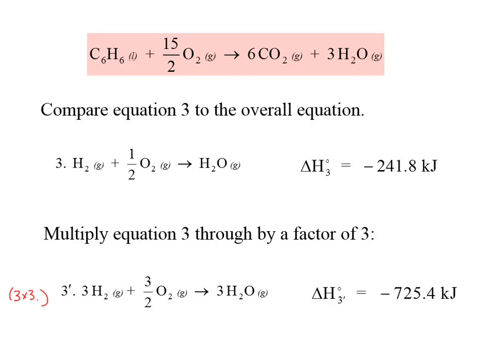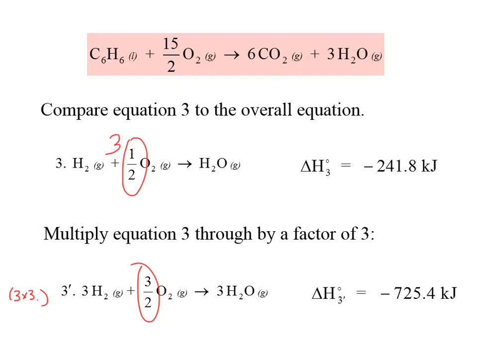So if you take 3 times negative 241.8 kilojoules, you get negative 725.4 kilojoules. But don't forget, notice if we take 3 times 1/2, we get 3/2.